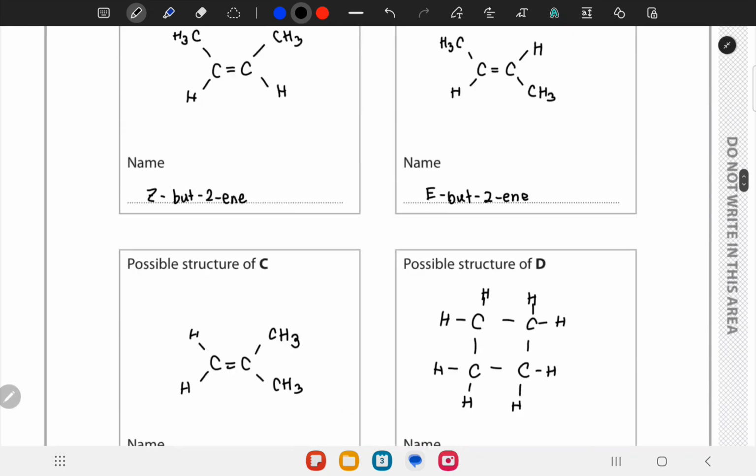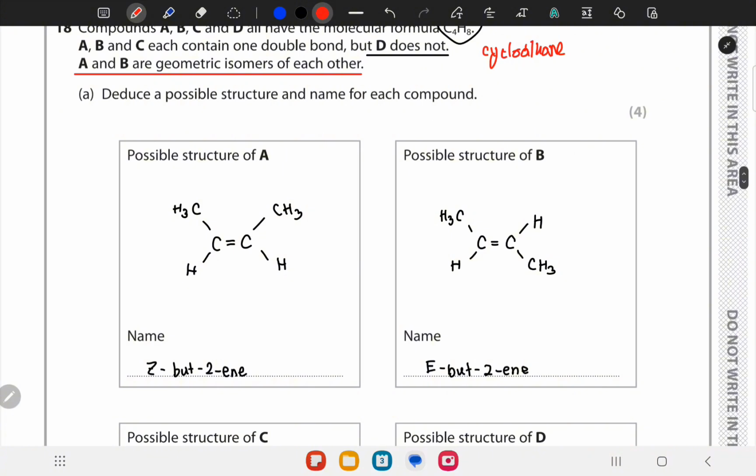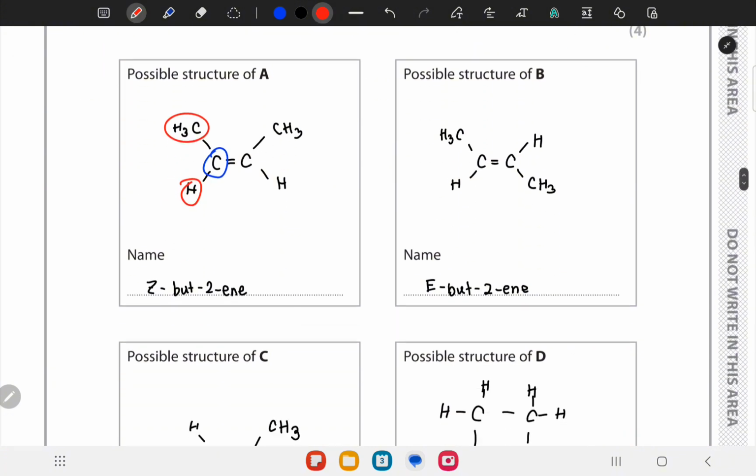And another criterion for geometric isomers to exist is two different groups being present over here. So if we look at this carbon over here, it has a bond with CH3 and H, so they are different. CH3 and H are not the same, so you need different groups.